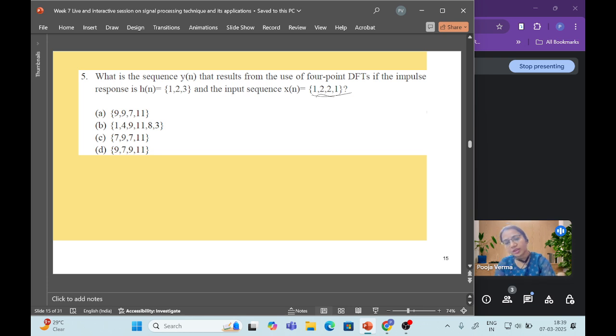Okay, so there are different ways you can calculate, any of the ways. So I'm calculating with the direct formula first, then we will reverse it. Okay, so already we know that the formula of the DFT, that is x of k is equal to the sum from n equals 0 to N minus 1 of x of n e to the power minus j 2 pi by N k n.